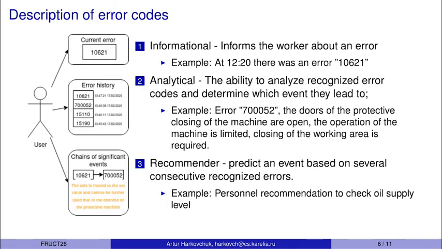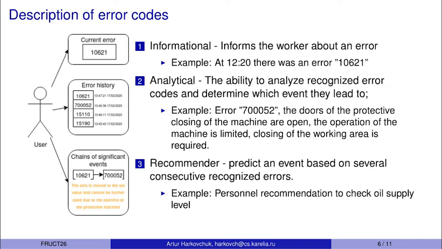The operator will be provided with an interface in which errors will be published and a full description will be provided. Existing analysis systems allow you to track existing errors, and some of them provide the ability to determine dependencies between various errors and their relationship.